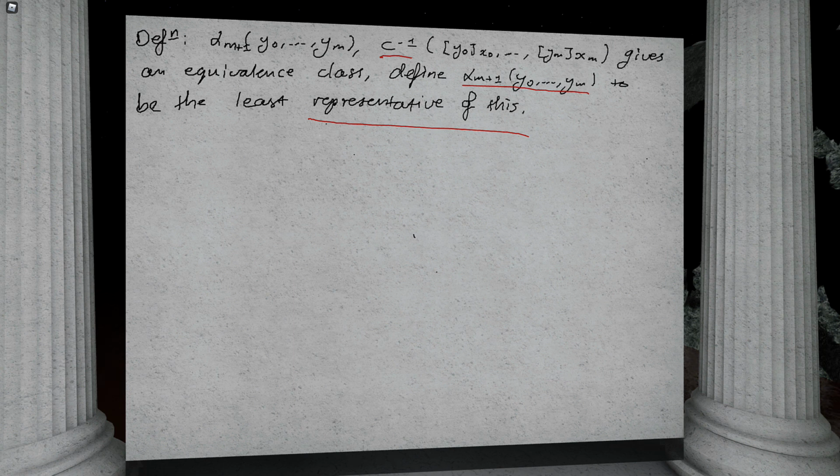And x naught up to xm were all defined in terms of j, and j was defined as the maximum of m, y naught up to ym, plus 1. And so the map given to us by the Chinese remainder theorem actually needs to know the sequence y naught up to ym in order to even exist. So that's actually circular. Let me highlight this subtlety.